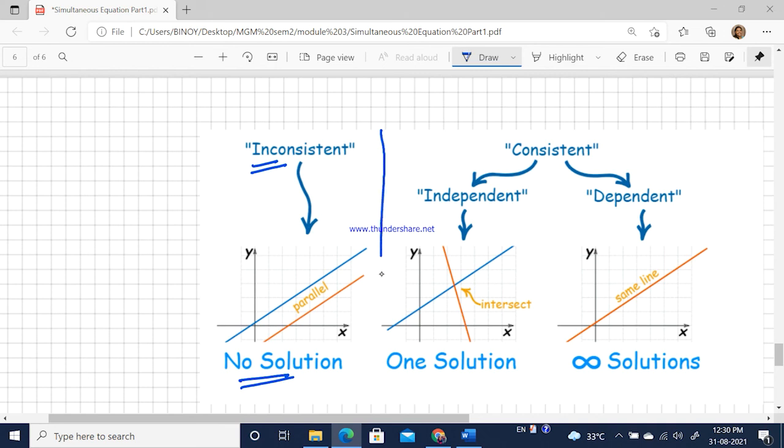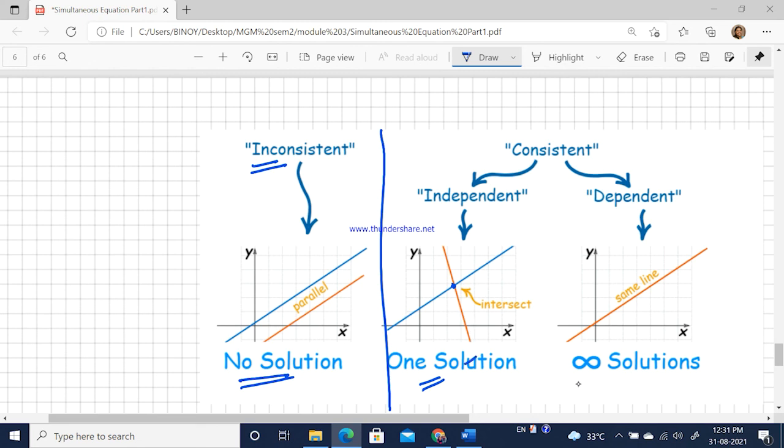And there is a second condition, consistent with independent and consistent with dependent. So if the condition is consistent and independent, we will have only one solution. The first equation will intersect with the second equation at one point, and we'll get an intersection point. So in that case, we can say that there is one solution.